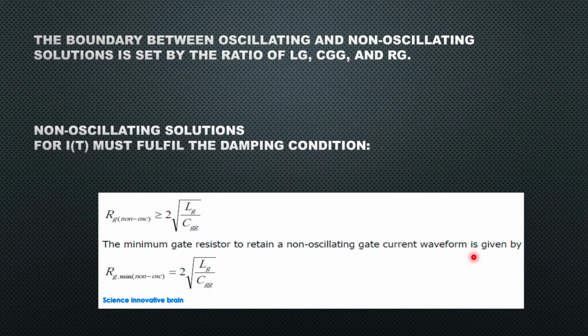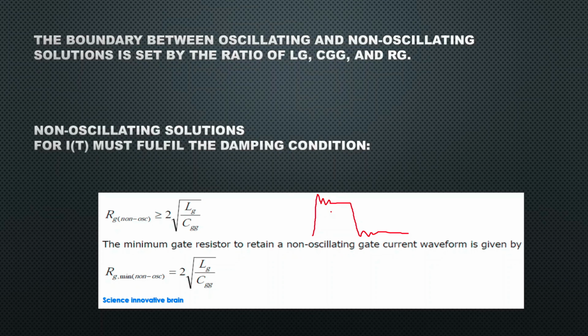We want a non-oscillating equation to optimize the gate resistance, because previously I told you that if you choose an oscillating one, oscillation will happen. If you do not choose properly, this type of oscillation will come in the input waveform and this type in the output.